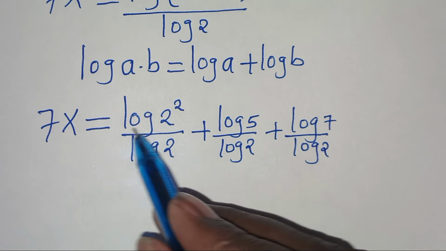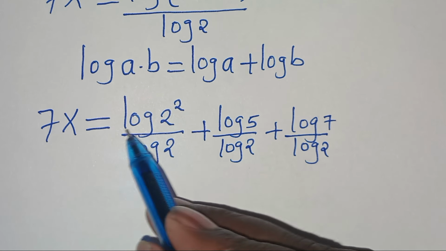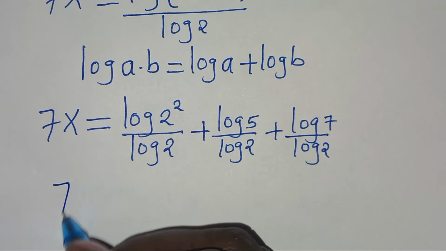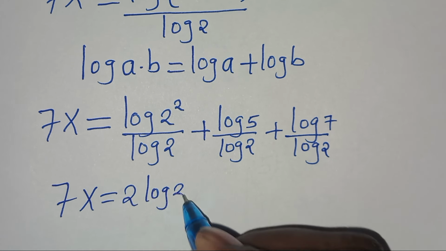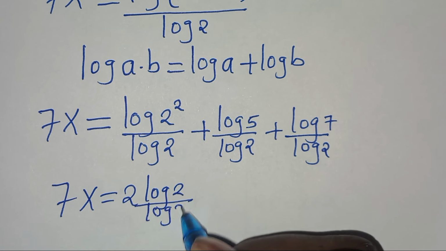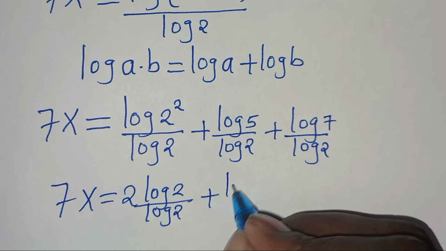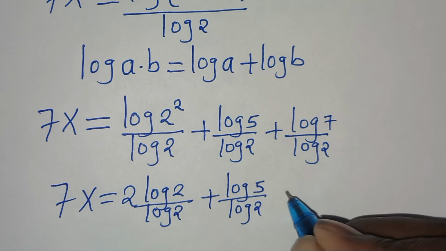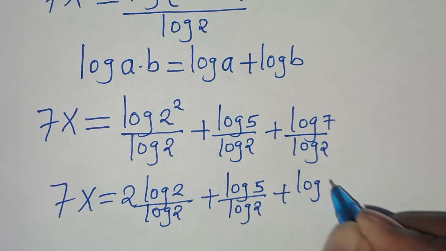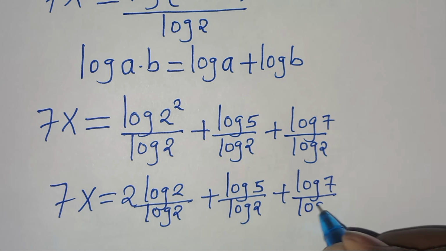Now we have that log 2 raised to the power of 2. Applying the power property here, this becomes 2 log 2 divided by log 2 here, then plus log 5 divided by log 2, then plus log 7 divided by log 2.